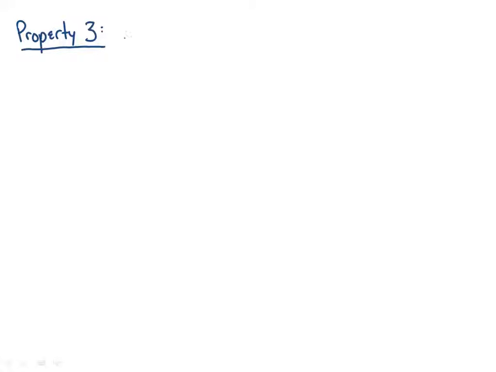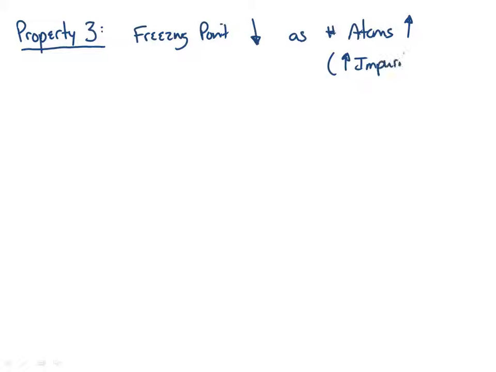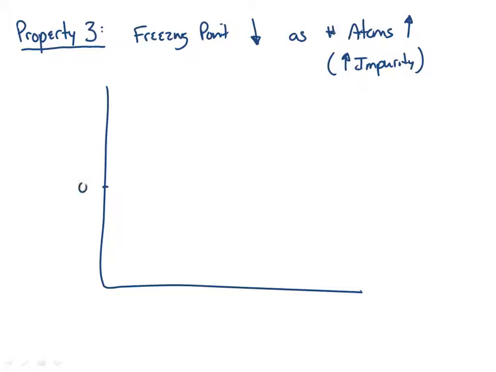Property 3 is about the freezing point, and the freezing point decreases as the number of atoms increases, or the amount of the impurity. And it's for the same reason that the boiling point changes. So if we take a look at it, we have sort of 0 millimeters of mercury here. Notice I'm changing my graph just a little bit.